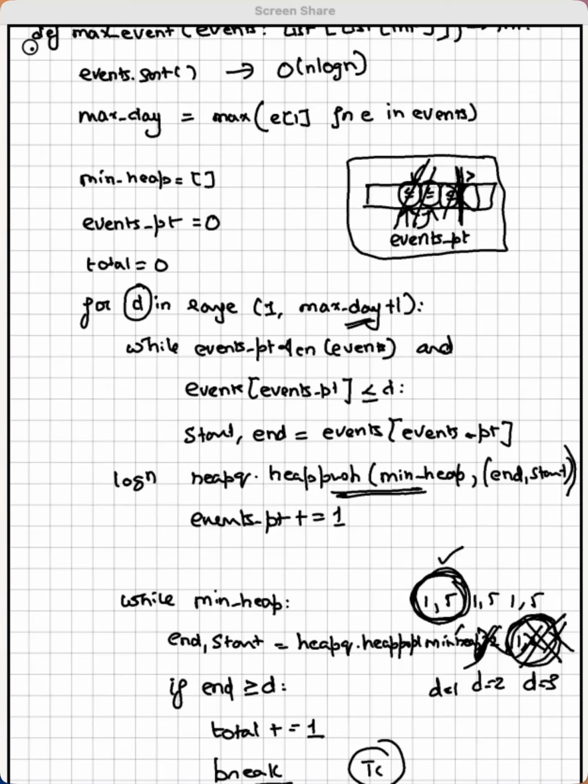This takes log n time, and we are doing this n times. So this is another n log n. Likewise, when we are popping, in the worst case it is n log n.